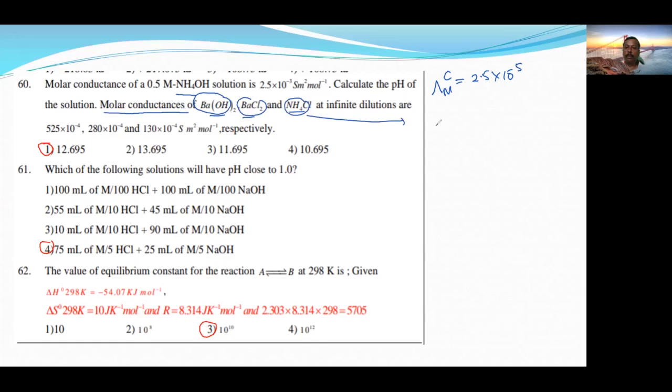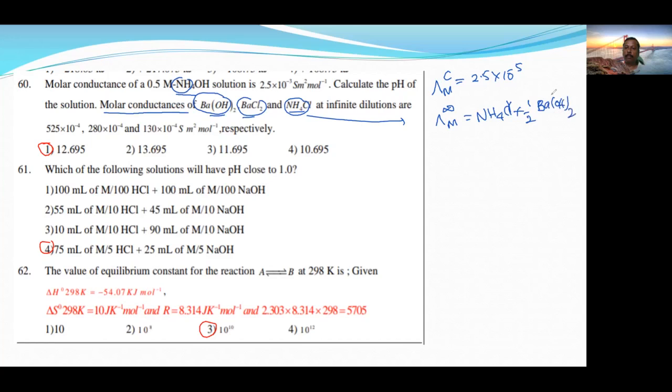we will find out the molar conductivity at infinite dilution. At infinite dilution, that will be simply the NH4Cl value. Because we want NH4, you will get it from the first equation. And for OH, you will get it from Ba(OH)2. But here two OH are there, therefore half of the Ba(OH)2 value.